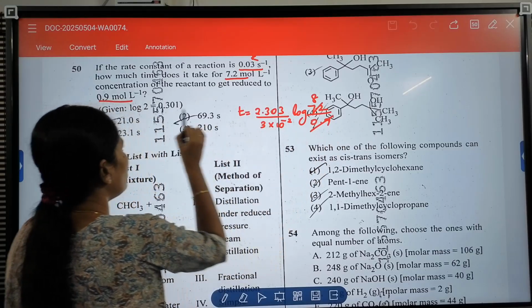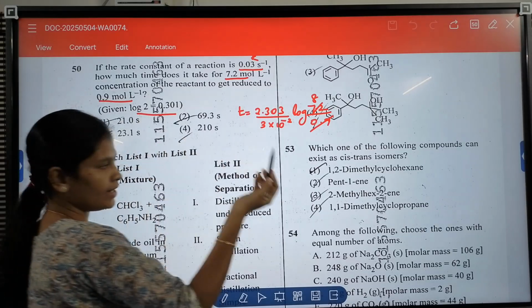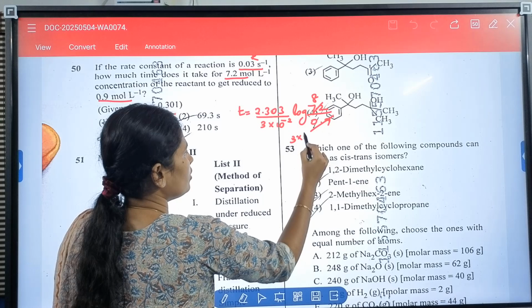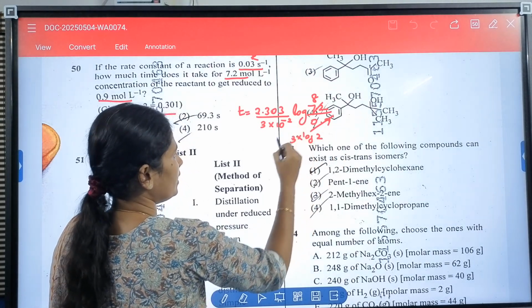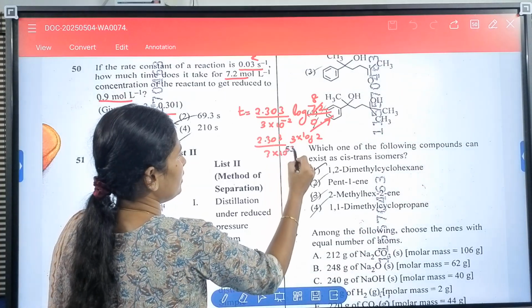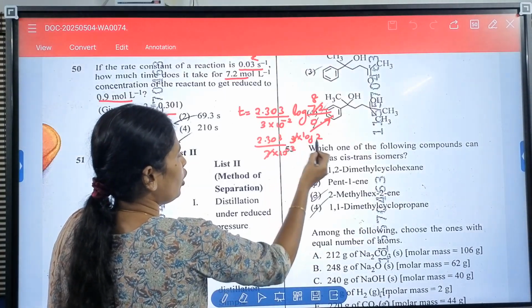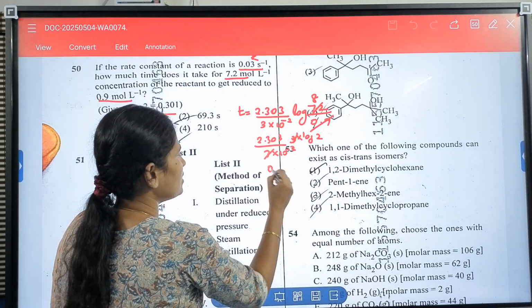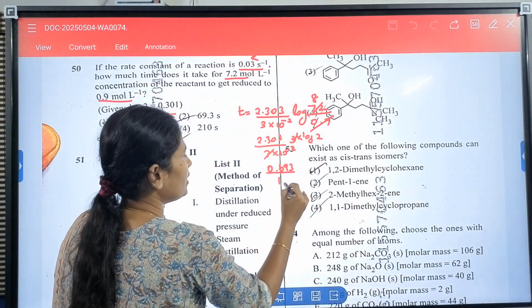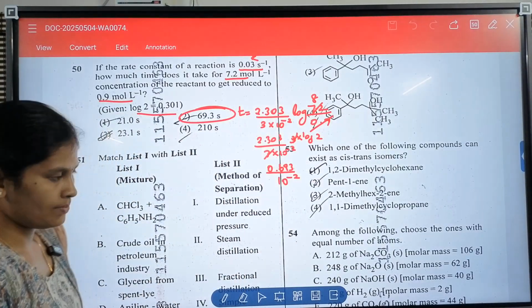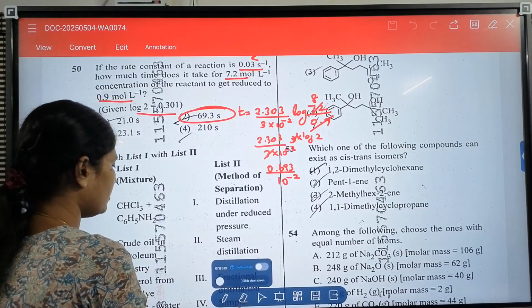So log 8, they have already given log 2. You can directly apply or you can write it as 3 into log 2, since 2 to the power 3 is 8. So 2.303 divided by 3 into 10 to the power minus 2. The 3 gets cancelled. Log 2 is nothing but 0.3010. When we multiply, we will get 0.693 divided by 10 to the power minus 2. When it comes, it will be 69.3 seconds. Right? So next question.